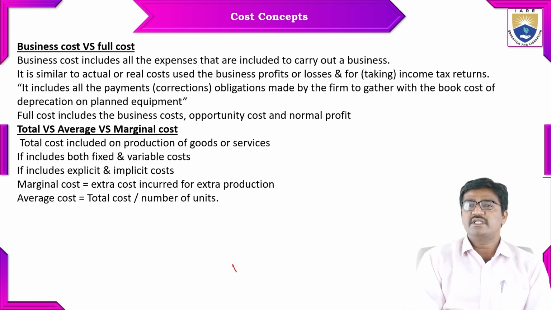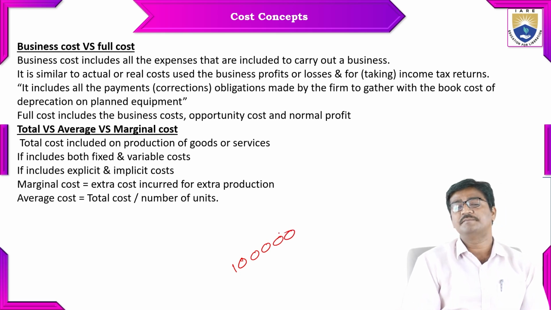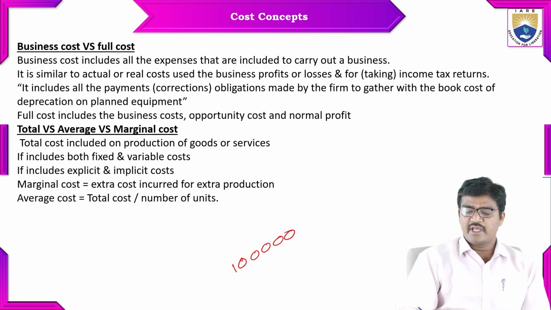So normal profits means this is the normal profit percentage which you are about to get. For example, if you have 1 lakh rupees of investment money, you may have a number of alternatives.